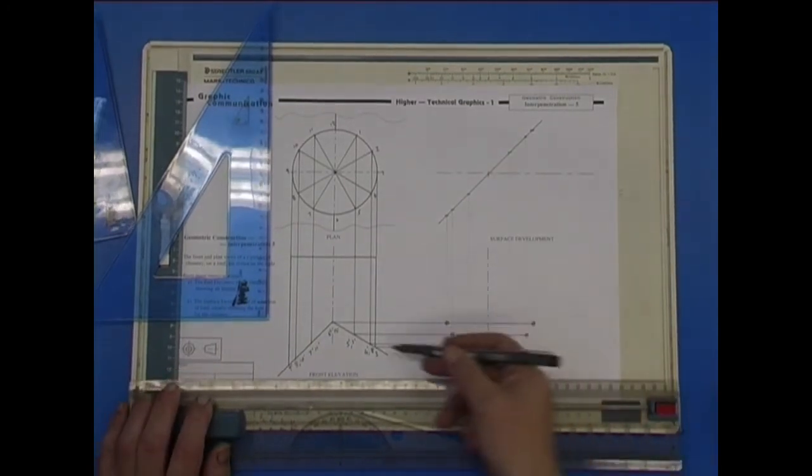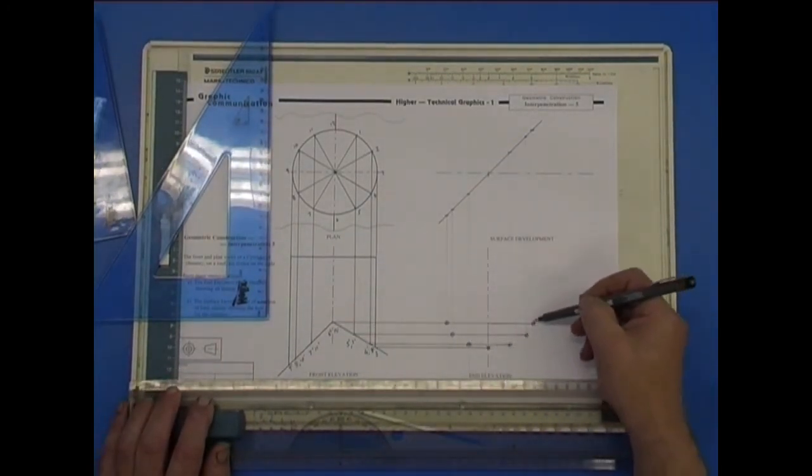And that's the front curve, what we see looking in that direction.